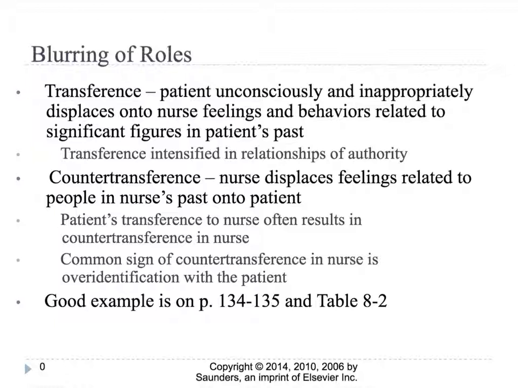Countertransference is where the nurse displaces her or his feelings related to people in their past onto the patient. This can stall the relationship, and it can actually disempower the patient by seeing them as an extension of ourselves and not as an individual.